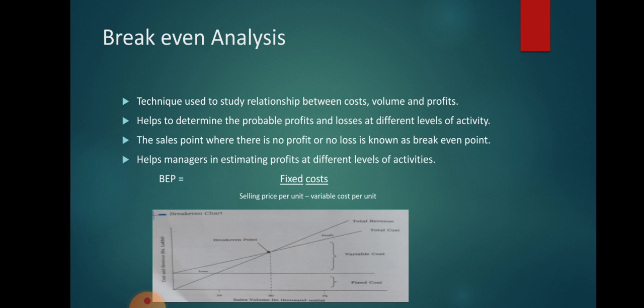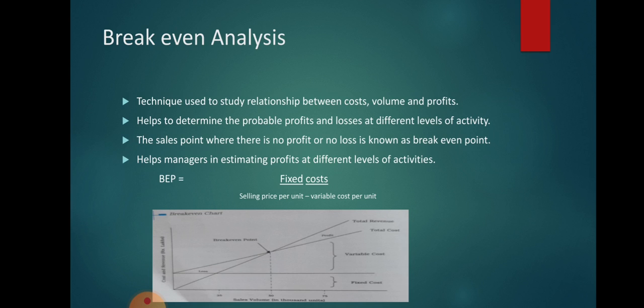So we are going to take that fixed cost divided by sales price per unit minus variable cost per unit. So variable cost means this is a cost which varies, which changes according to increase in the production. Means if there is production, then only this cost is incurred. For example, raw material.